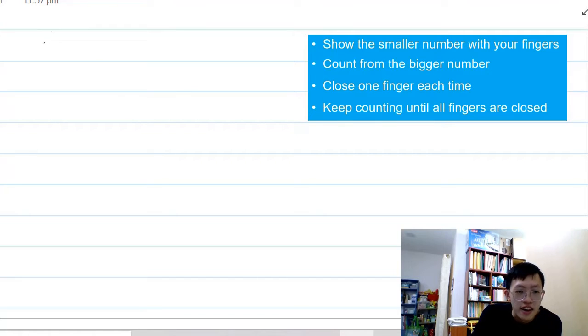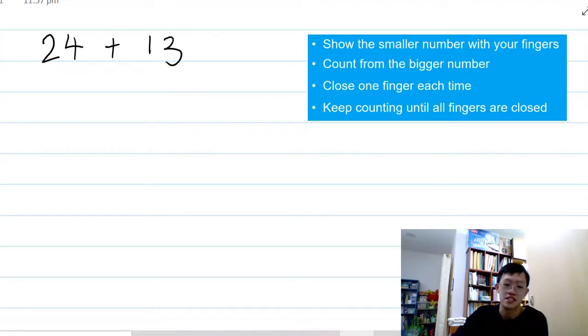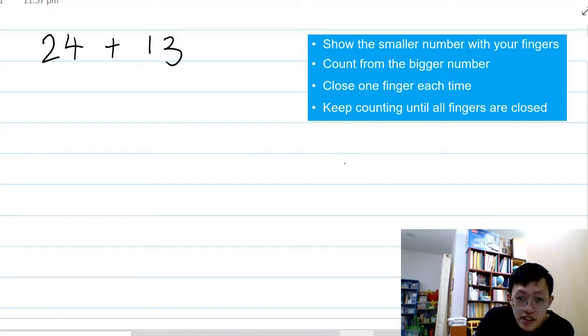Okay, so we have 24 plus 13. We can't put 13 in our hands, and we cannot put 24 in our hands. So what we must do is to use column working in this question. To write our column working, we have to write 24 plus 13.